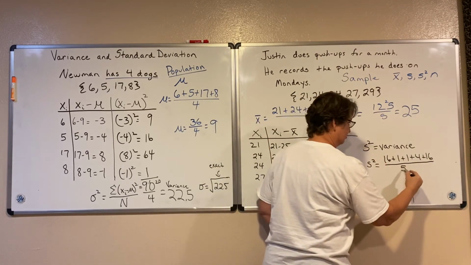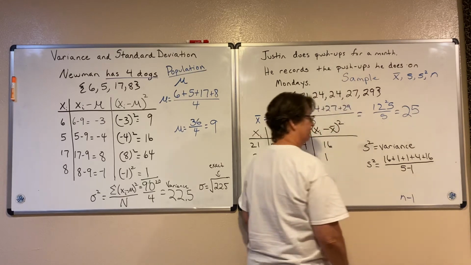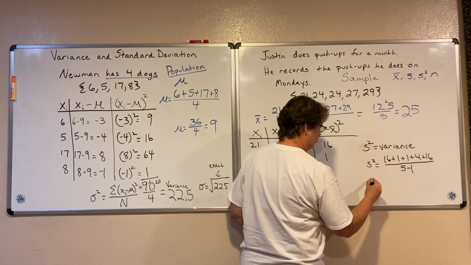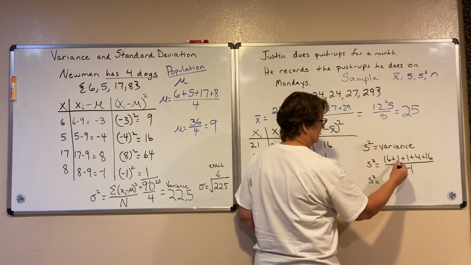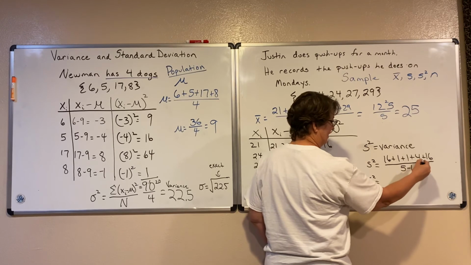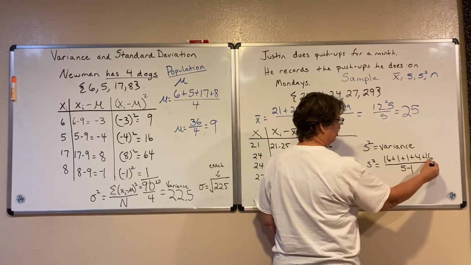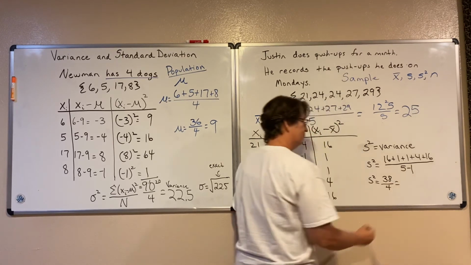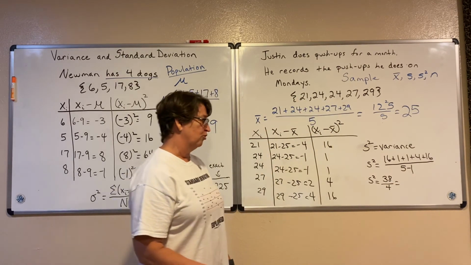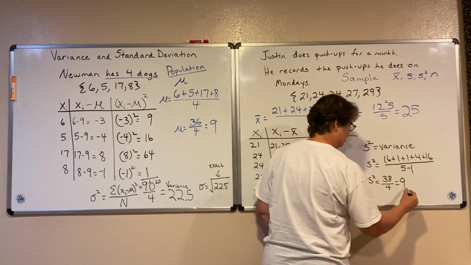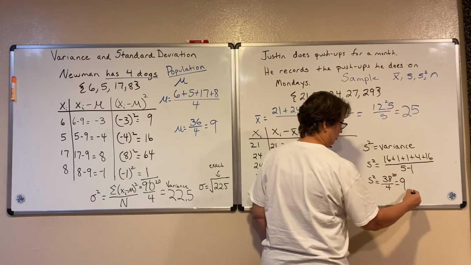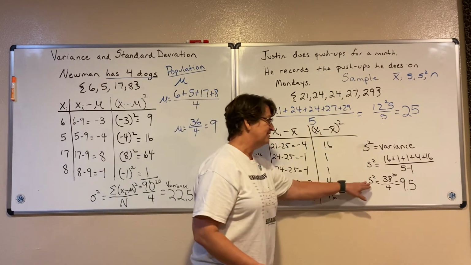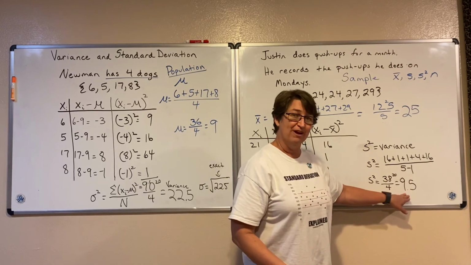I'm actually going to divide by n minus 1, 5 minus 1, or 4. We add those up together, and we get 17, 18, 22, 32 plus 6 is 38. Divided by 4. Well, 4 goes into 38 9 times with 2 left over. So 4 goes in there 9.5 times. This is the variance. We have found that variance.